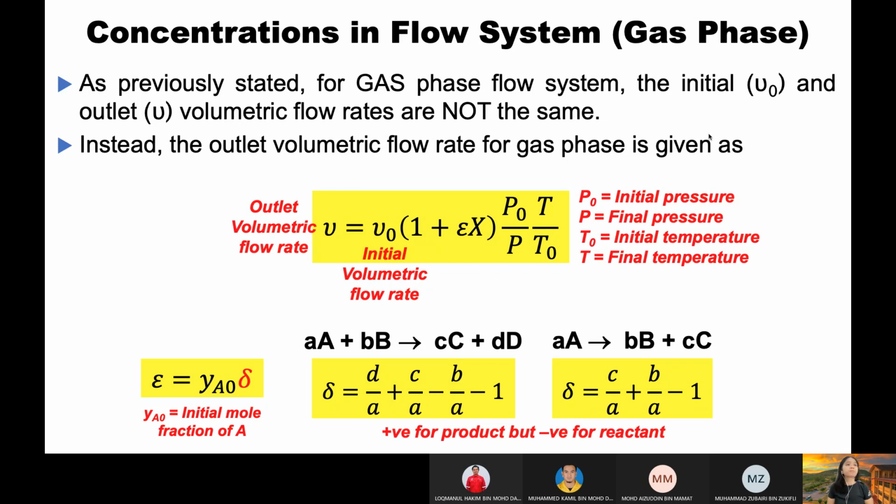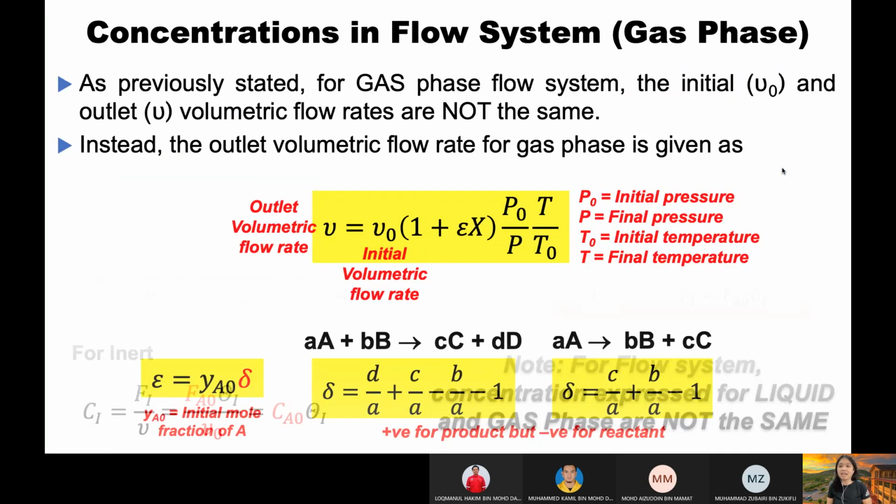Okay, so next part is, tadi kita dah elucidate concentration for liquid. So you know concentration of A, B, C dan D and E naught for liquid. Okay, now part yang susah sikit sebab kita nak buat benda yang sama tetapi sekarang is for gas.